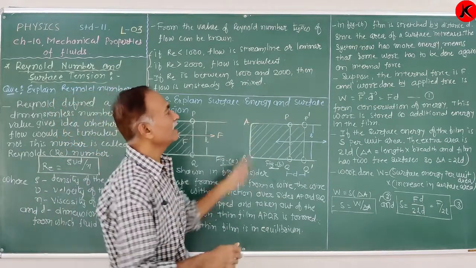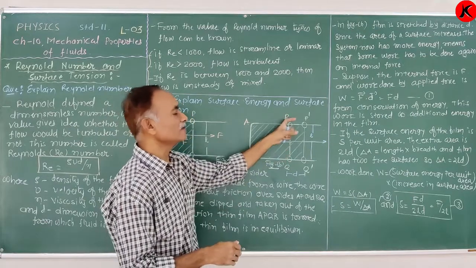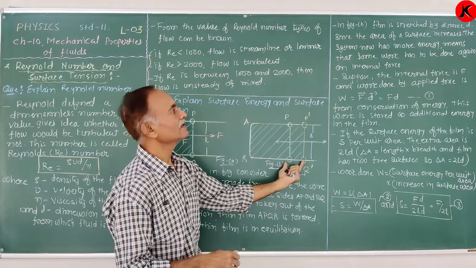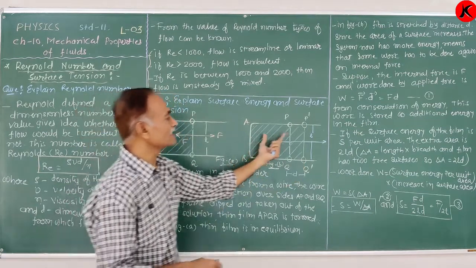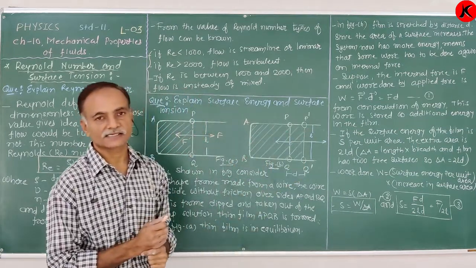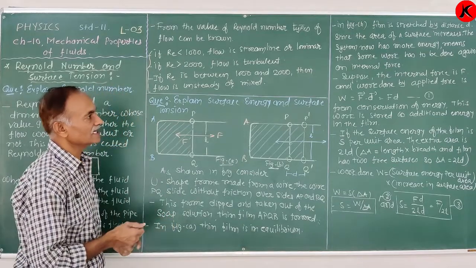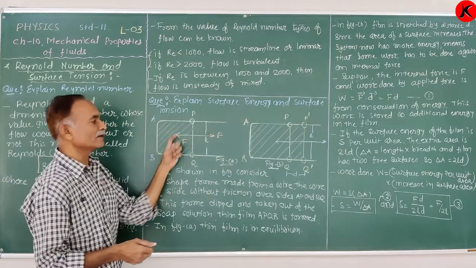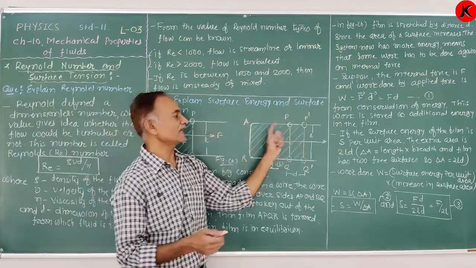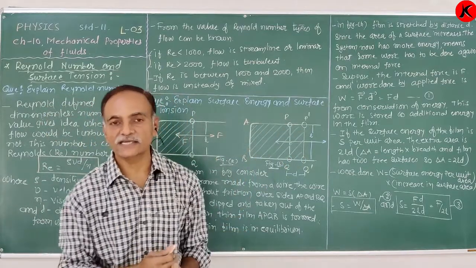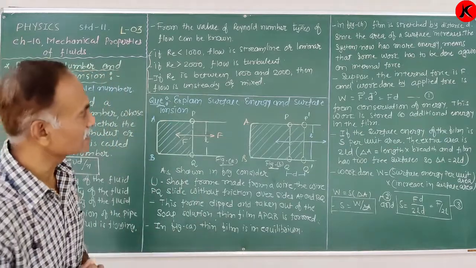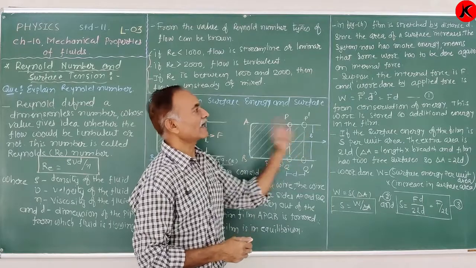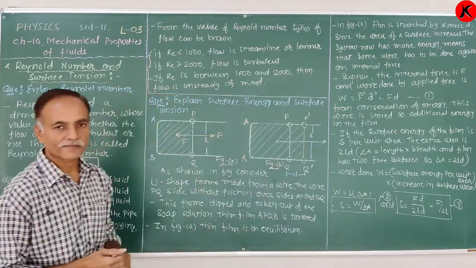Again, in figure B, the wire PQ is stretched by distance d. Since the area of the surface increases, the system now has more energy compared to the earlier system. Because the area increases, the surface energy also increases. That means some work has to be done against the internal force.